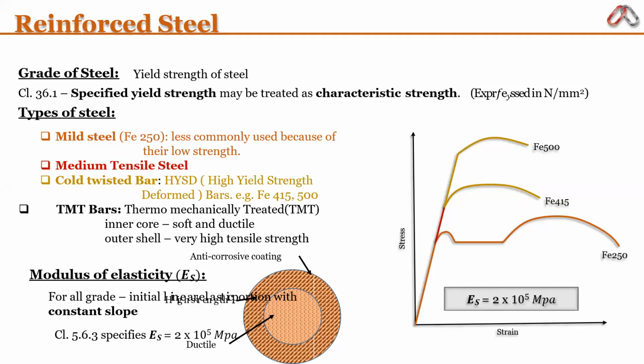It is specified in clause number 5.6.3 of IS 456 2000. So you can note down the value of Es for the particular grades of the steel, that is Fe 250, 415 and 500. All of you note down this value of Es.